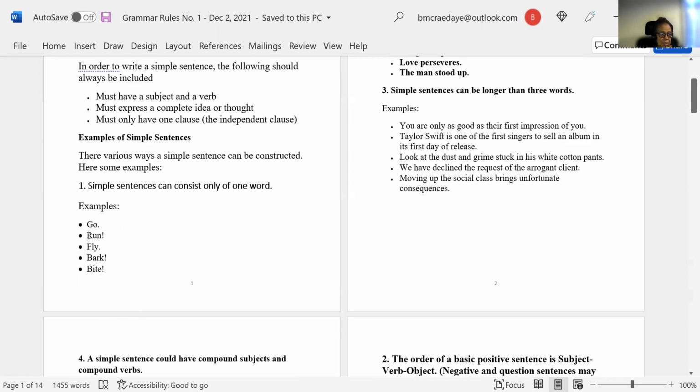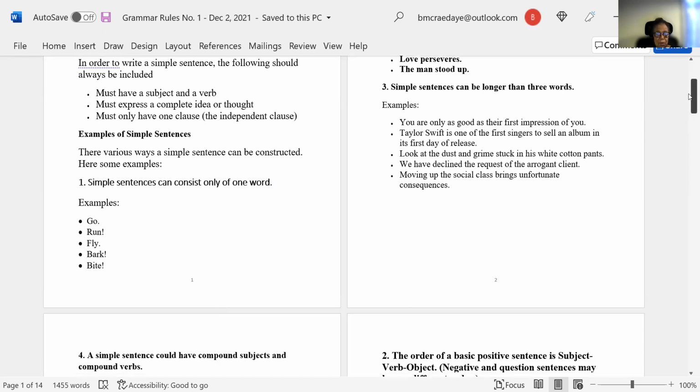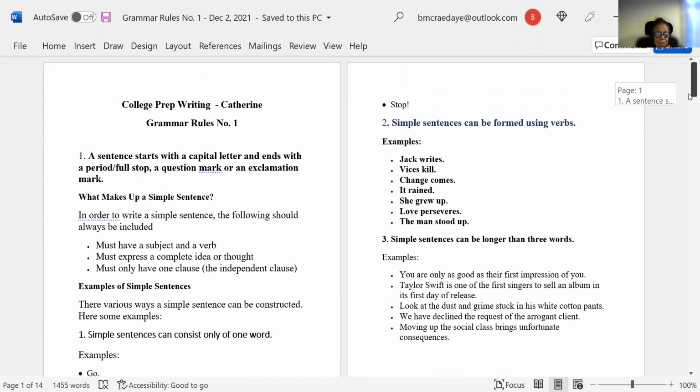Each one of these is a sentence, even though it's just one word. Most one-word sentences are command-type sentences telling you to do something. Run, fly, bite.